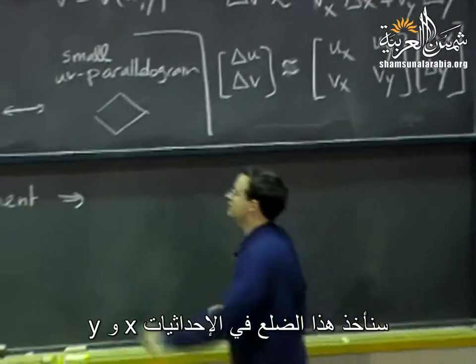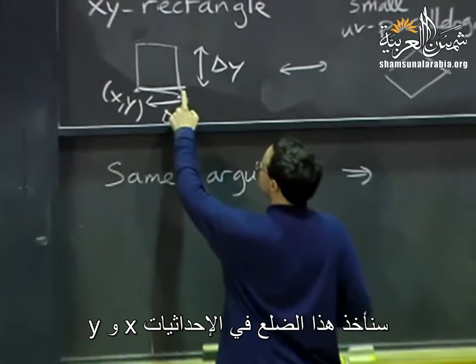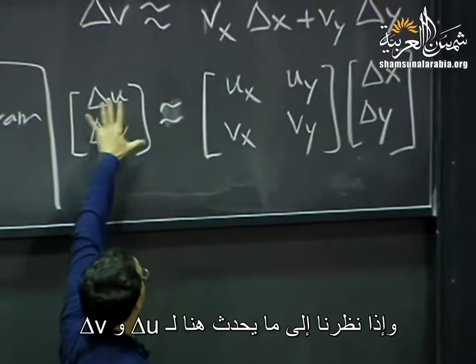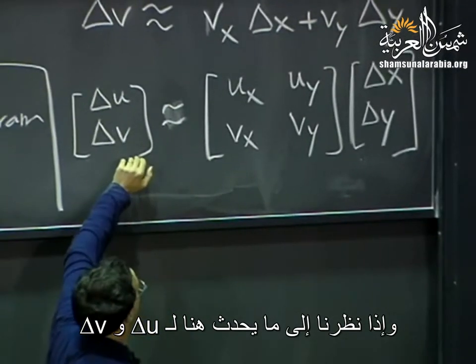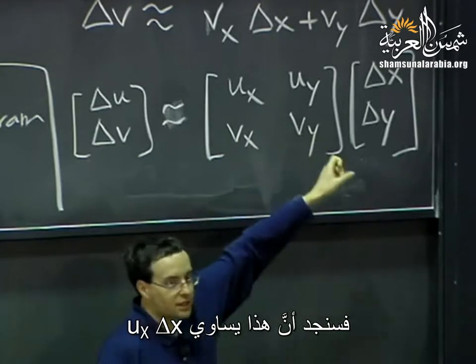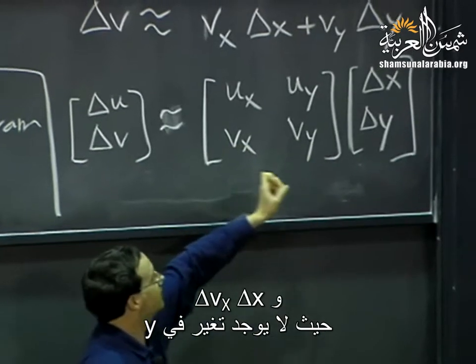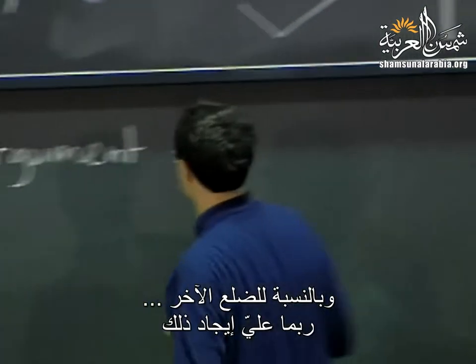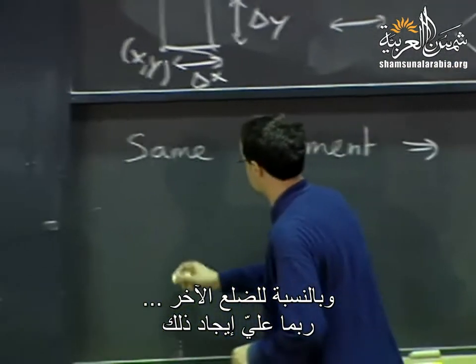Take this side. This side in xy coordinates corresponds to delta x and 0. And now if you take the image of that, if you see what happens to delta u and delta v, that will be basically u sub x delta x and v sub x delta x. There's no delta y.